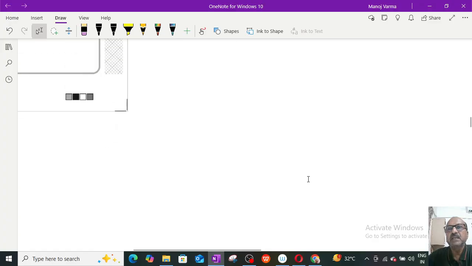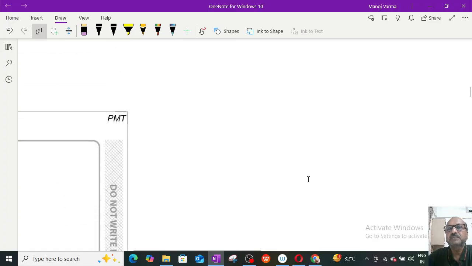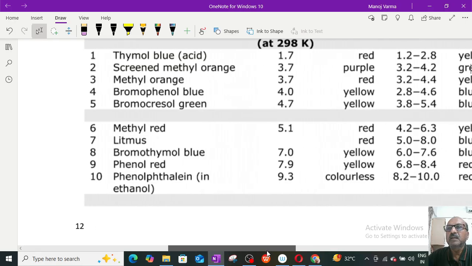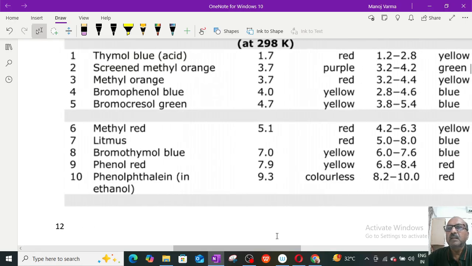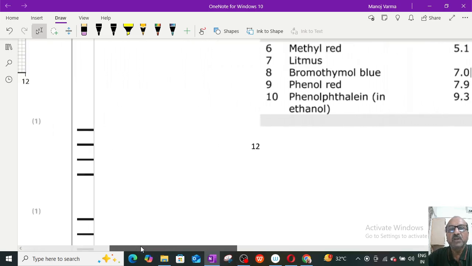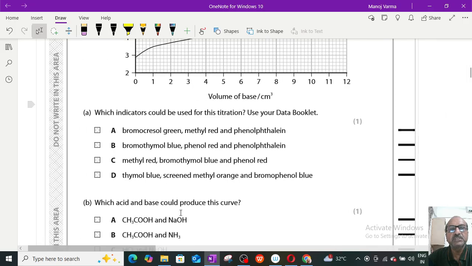So let me see. Methyl red looks to be the correct choice. Is that one of the options? Let me see if that's one of the options.